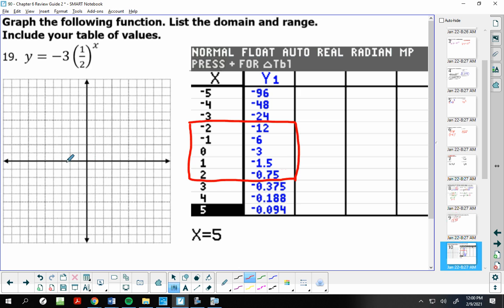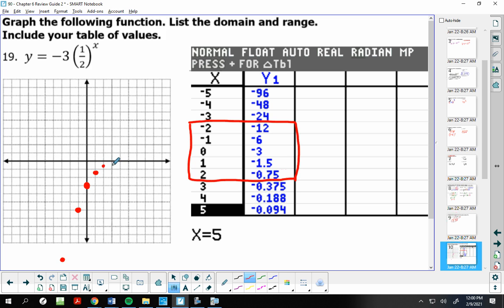So left 2, down 12. That one's off our graph, so you don't have to plot it. Left 1, down 6. 0, down 3. 1, down 1.5. 2, down 0.75.